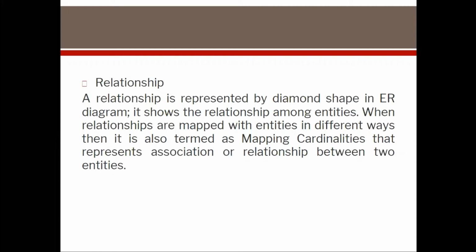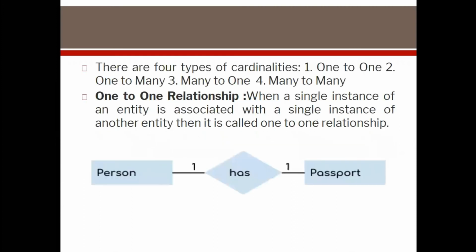Okay, you can map two entities with the help of this relationship, and there are different mapping cardinalities that exist, and we'll learn what they mean. There are four types of cardinality that we are going to see over here: one to one, one to many, many to one, and many to many.